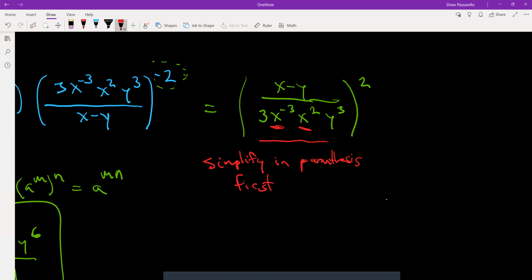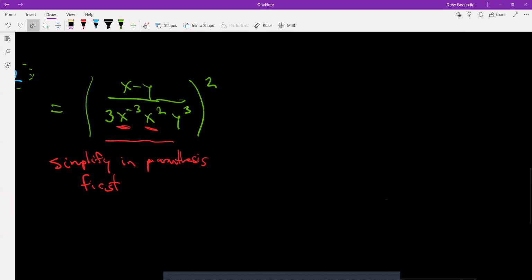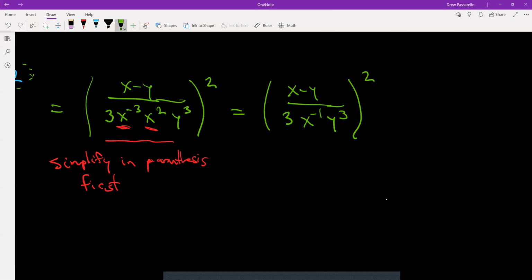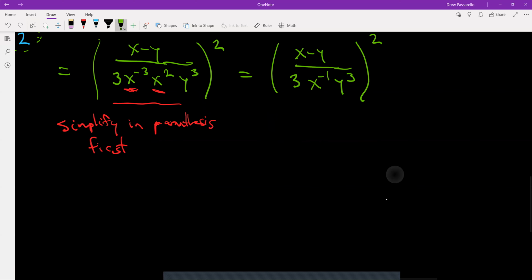They're being multiplied together, and when you multiply variables with the same base, x, you add the exponents. So up top, I have x minus y. And now I do x to the negative third, and then negative 3 plus 2 is negative 1. So that's x to the negative 1. And then y cubed, all of that squared. Again, add the exponents when you're multiplying.